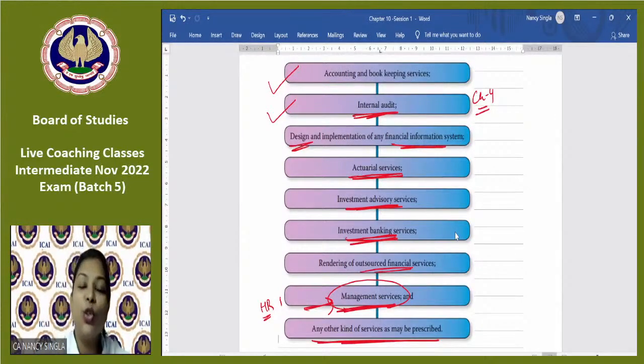ठीक है. So here, if the auditor, audit firm, or the CA is already involved in any of these services, then he cannot be appointed as the auditor of the company. ठीक है. So this was about subsection 3 of section 141 of the Companies Act 2013. ठीक है.